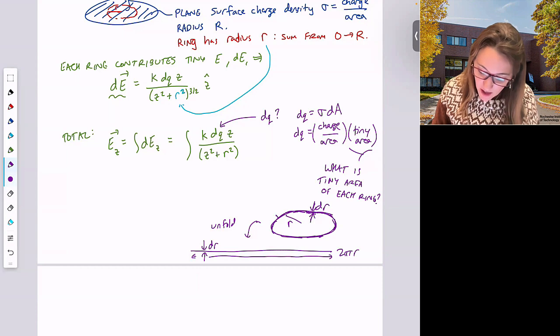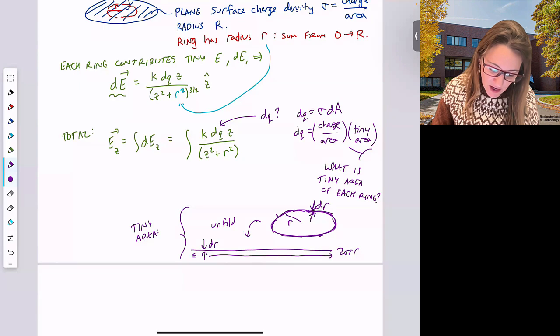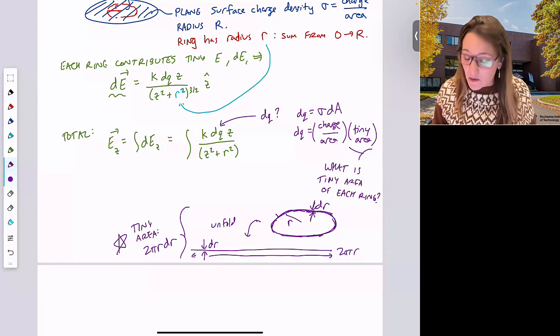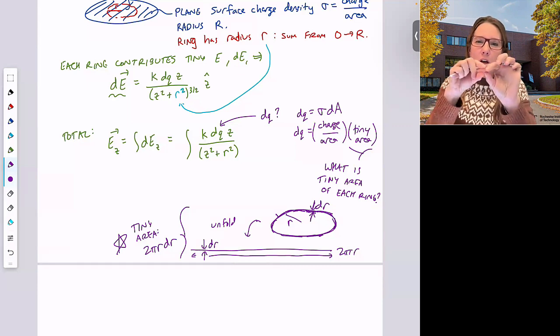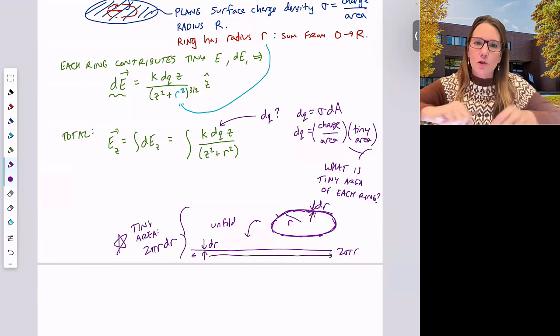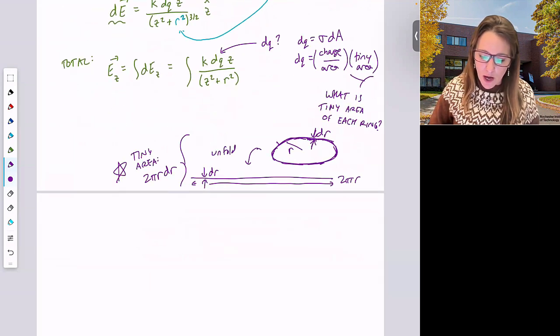So the tiny area is 2 pi r dr. And that's going to be a key result that we'll see come out throughout the semester of how we can add up into two-dimensional space these individual rings that allow us to do that.